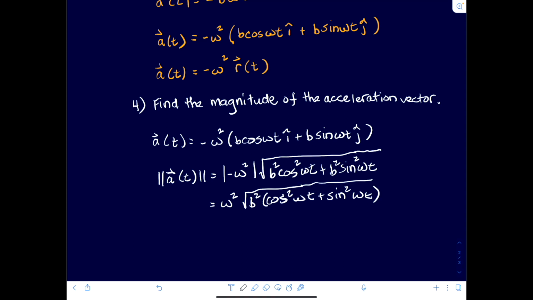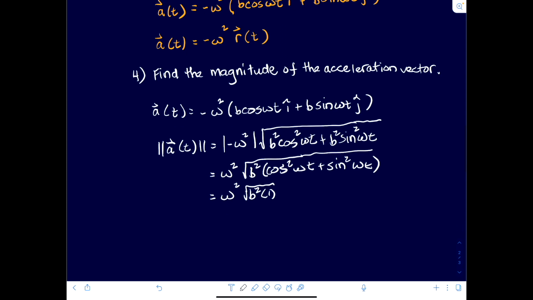But what is that trig identity? Beautiful, that's just 1. So you're going to get the square root of b squared times 1, which is omega squared times b, which is the radius of the circle, right? So this all connects together.